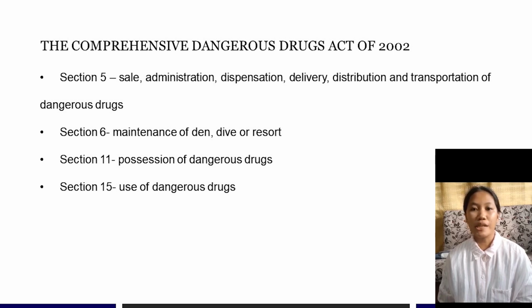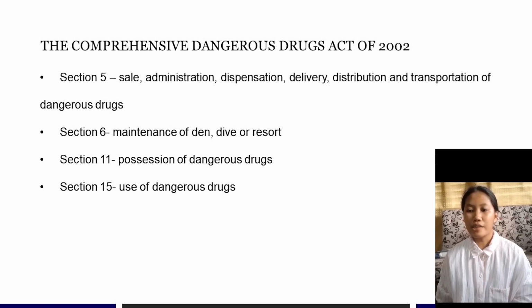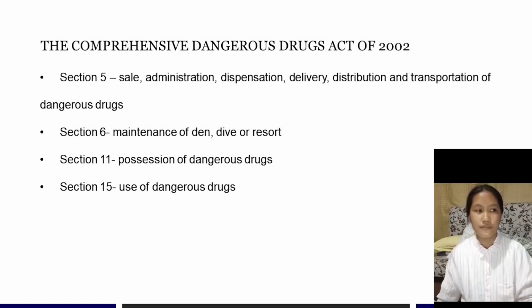The penalty of imprisonment ranging from 12 years and 1 day to 20 years and a fine ranging from 100,000 pesos to 500,000 pesos shall be imposed upon any person or group who shall maintain a den, dive, or resort where any controlled precursor and essential chemical is used or sold in any form.